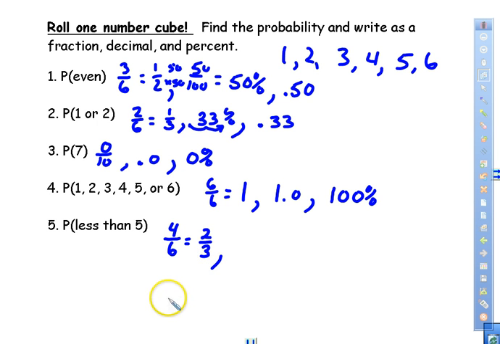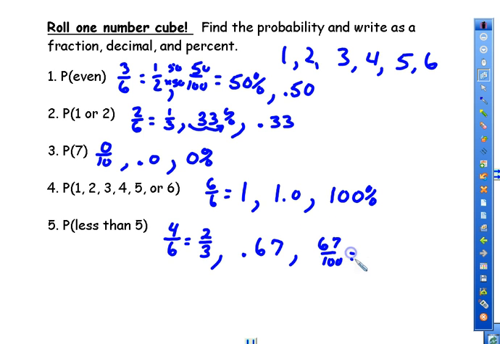So that's my fraction. And again, 2/3, if I divide 2 divided by 3, I get 0.6666 repeating, so I round that to the hundredths to get 0.67. And writing that as a percent, 67 over 100 equals 67%.